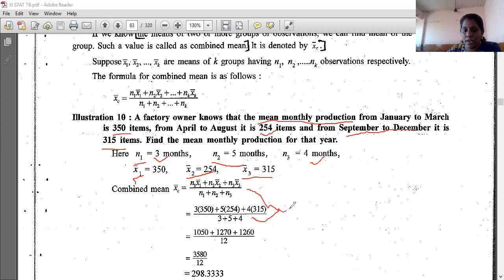Here, first you have to write the formula.